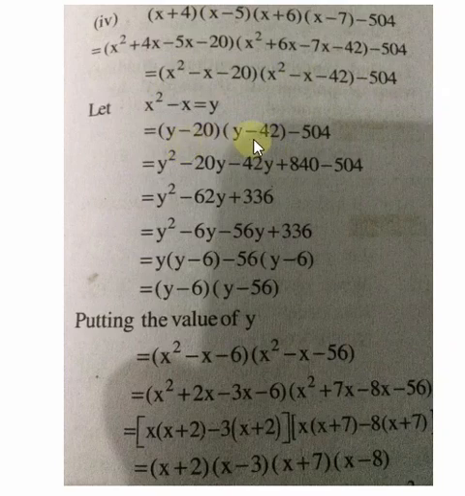Now multiplying these two brackets, we have y square minus 20y and minus 42y plus 20 into 42 is 840, minus 504 as it is. Now adding these two values, we have minus 62y, and subtracting these two values, we have 336.